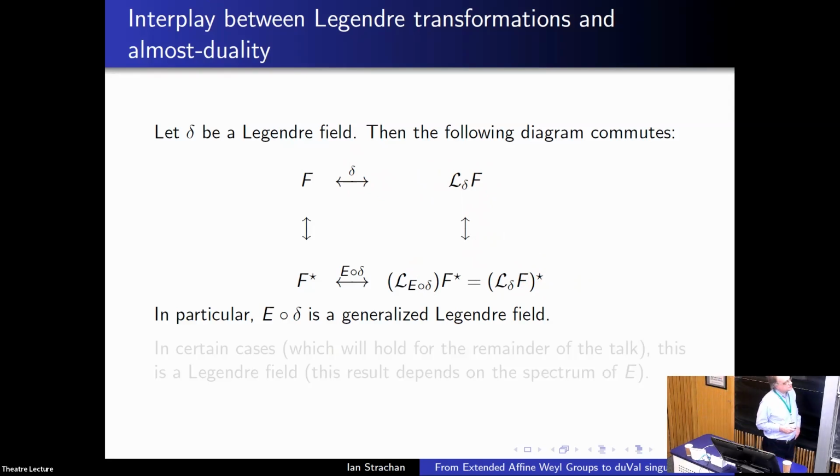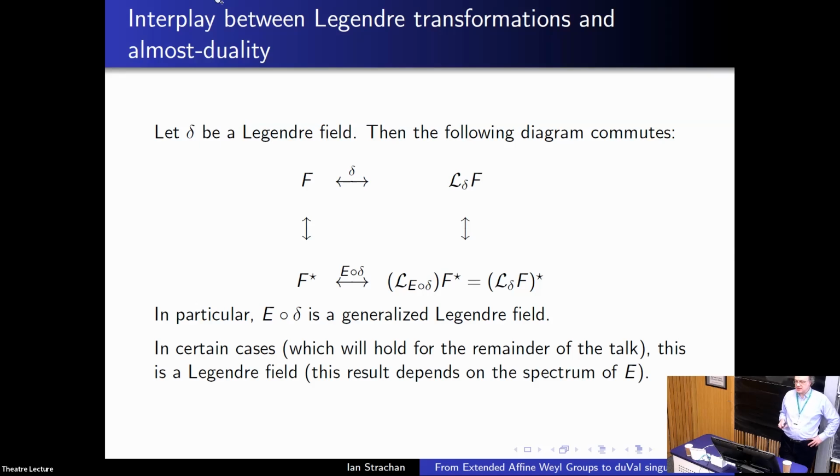One thing to note, though, is that the symmetry which connects the Legendre transformation, which connects the objects on the bottom, is the Legendre field at the original Legendre field, but multiplied, twisted by this Euler vector field. And even if you start with a constant Legendre field at the top, this one at the bottom, in general, won't be covariantly constant.